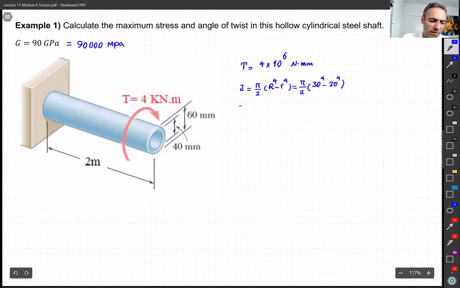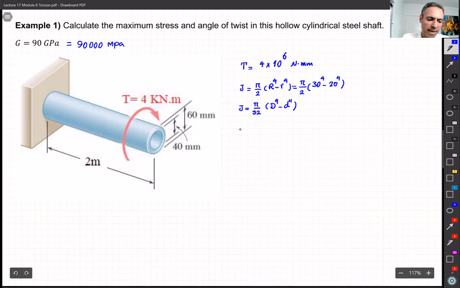If you saw somewhere a formula like pi over 32, it is because they put the diameter here. Don't confuse them, right? So it is D^4. Instead of radius, you put diameters, right? Now, if you look, these two formulas are exactly the same because D is 2R, right?